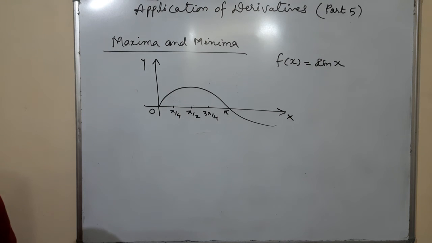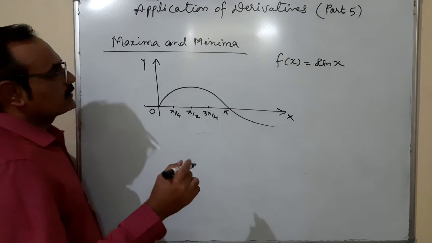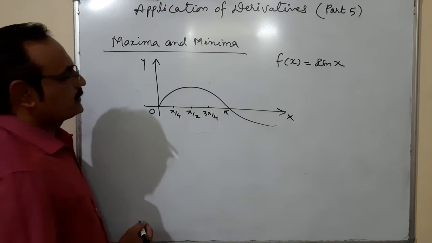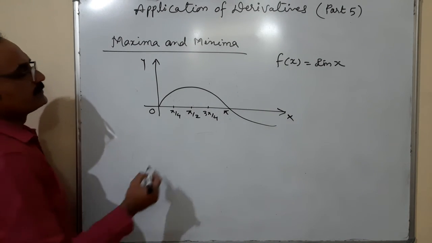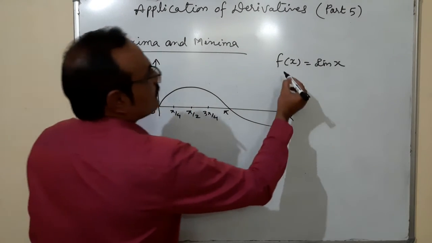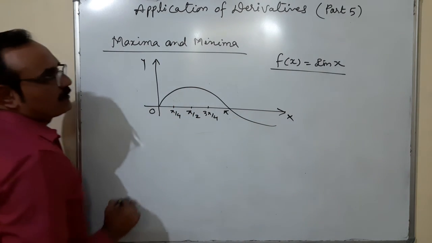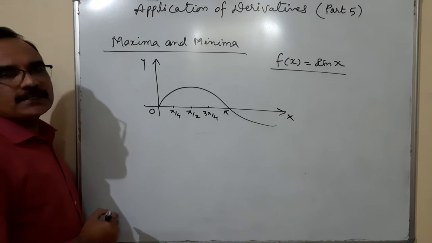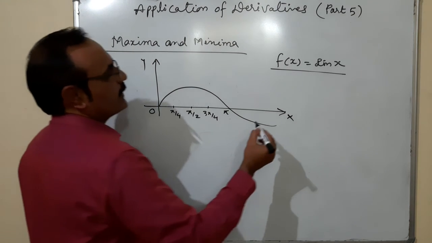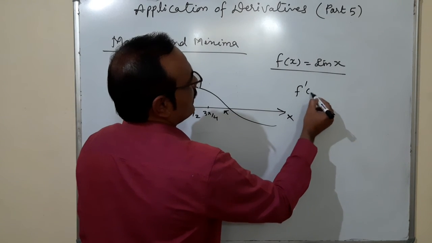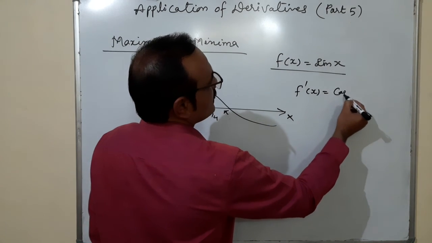Now we are discussing the concept of minima and maxima. F of x is equal to sine x. First of all, we differentiate, so f dash x is equal to cos x.